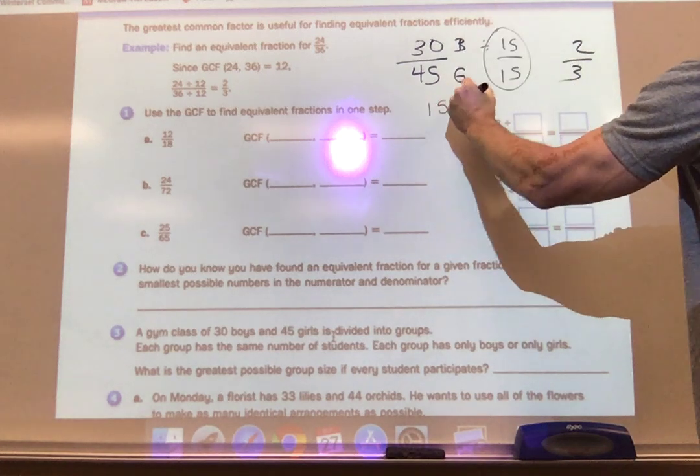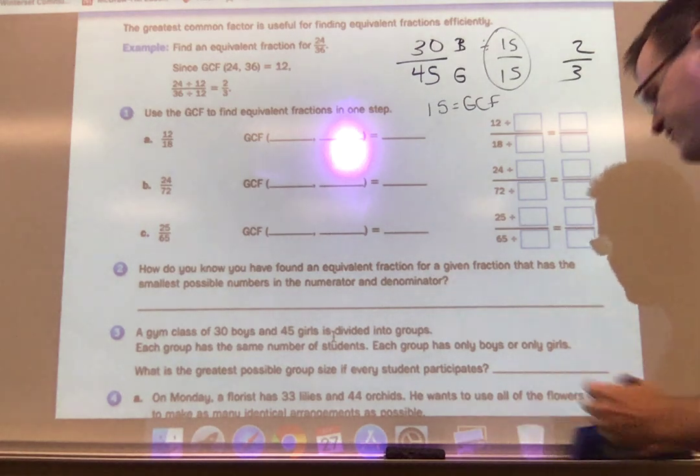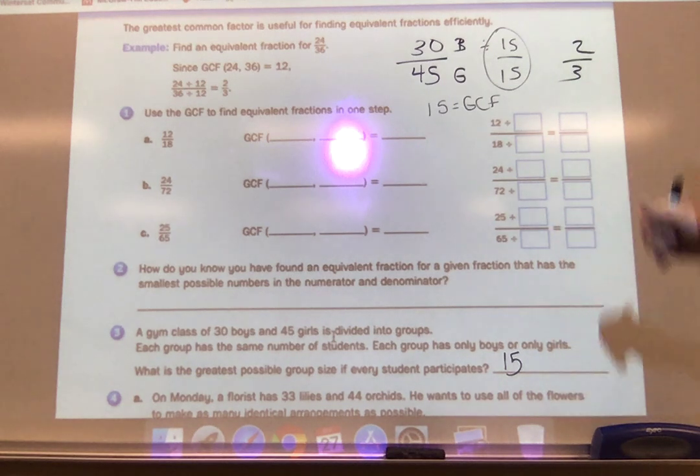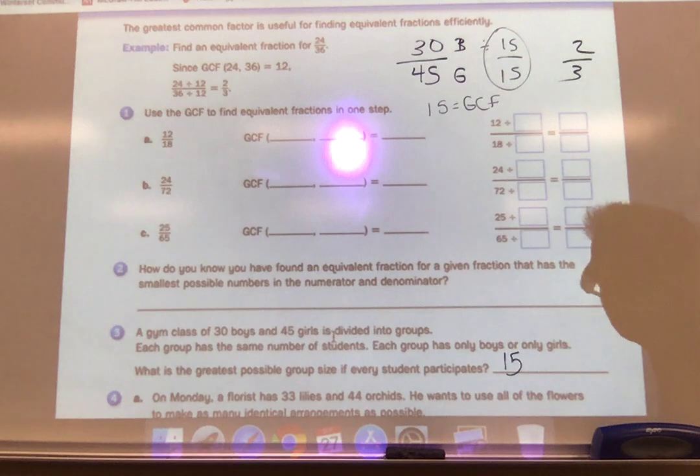So 15 is the GCF. So the largest possible group size I could have would be groups of 15. And the GCF is my answer in this case. It's 15. So there's some real world type problems that you can see where you would use greatest common factors. So this is another example again of how we use factors and use them a lot in math things that we'll be doing with fractions.